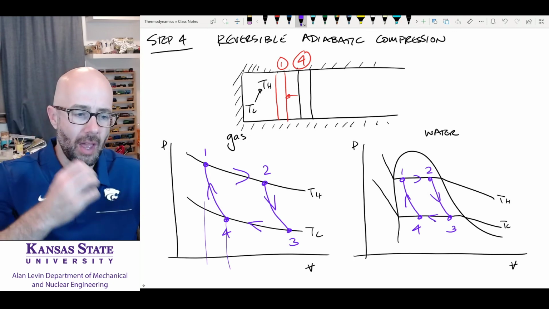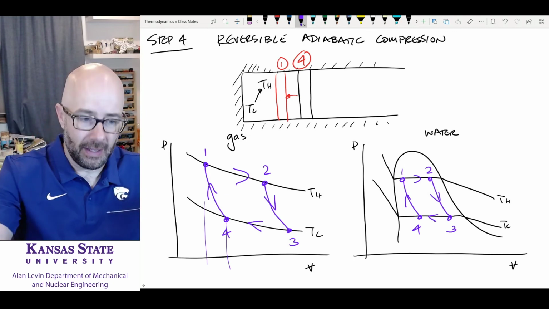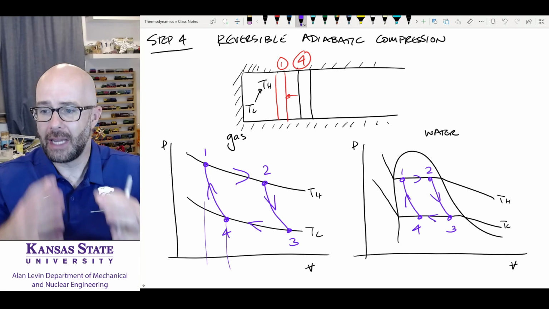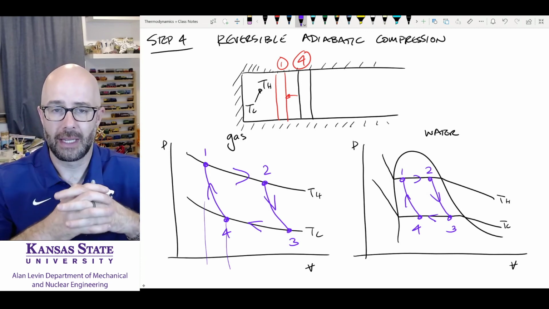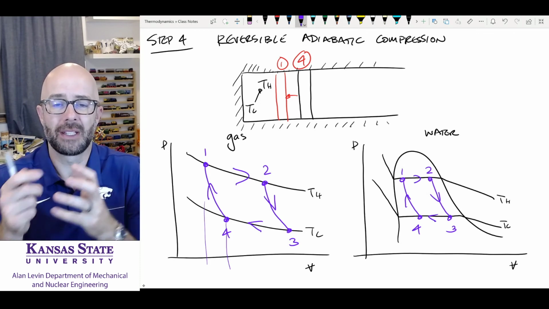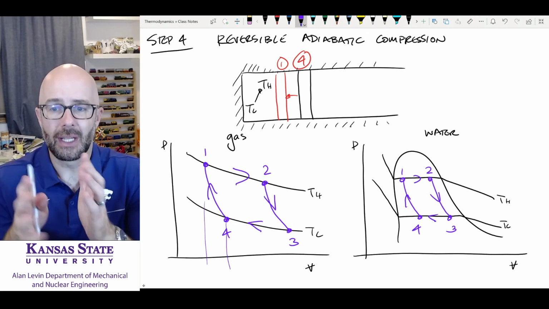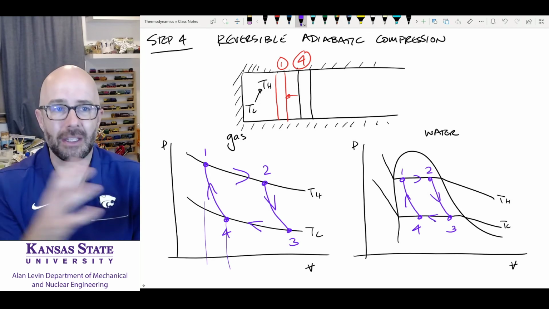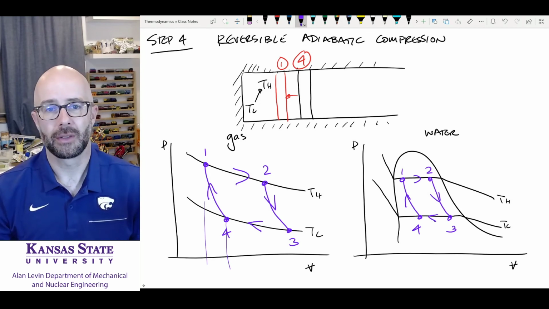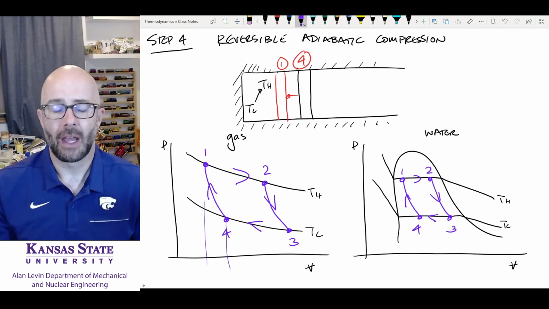You need to know this. You need to understand this. You need to see how these processes work together. You need to be able to not just memorize it, but look at this PV diagram and understand how that piston is moving in these situations. Okay, that'll end this segment.